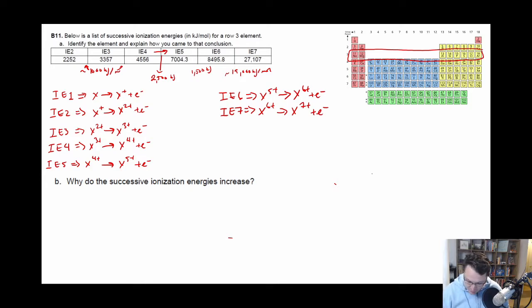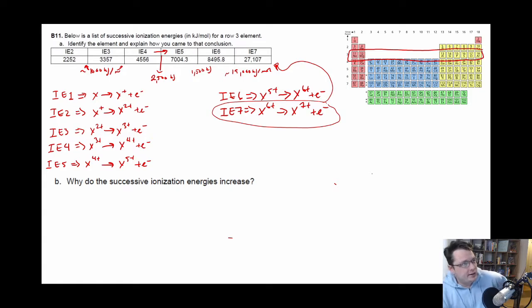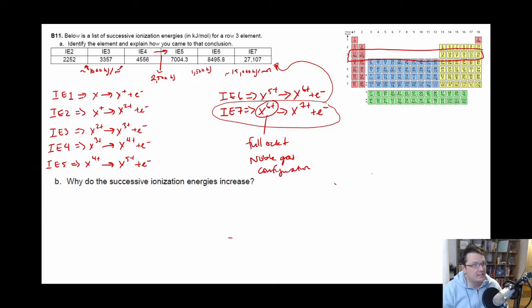If this process right here is switching a row, because that's the IE7 right there, and you're seeing that huge increase, then essentially the 6+ is going to be the configuration that matches, not lithium+, but sodium+ in this case. 6+ is going to be a full octet, a noble gas configuration. That's what that 6+ should be.